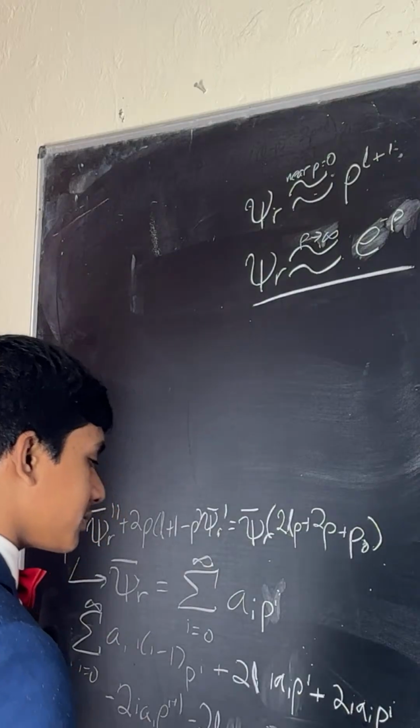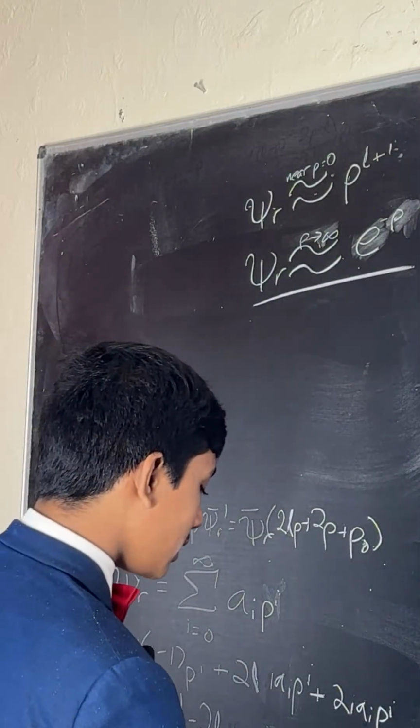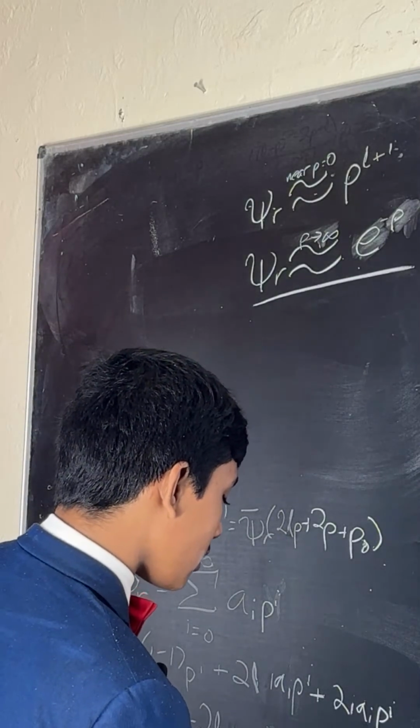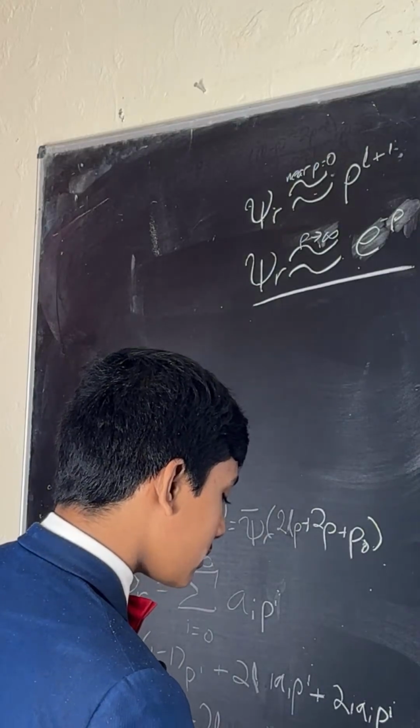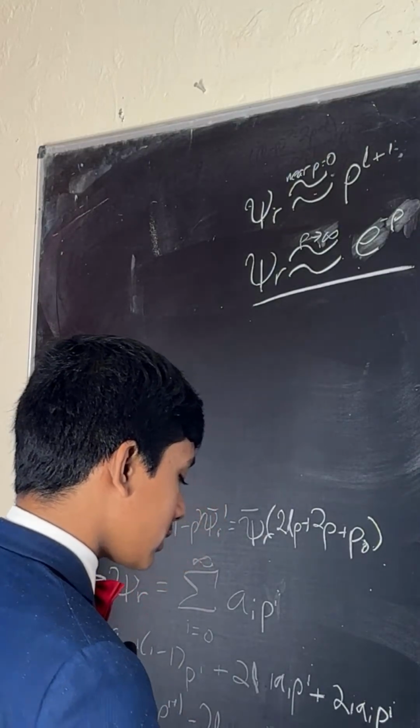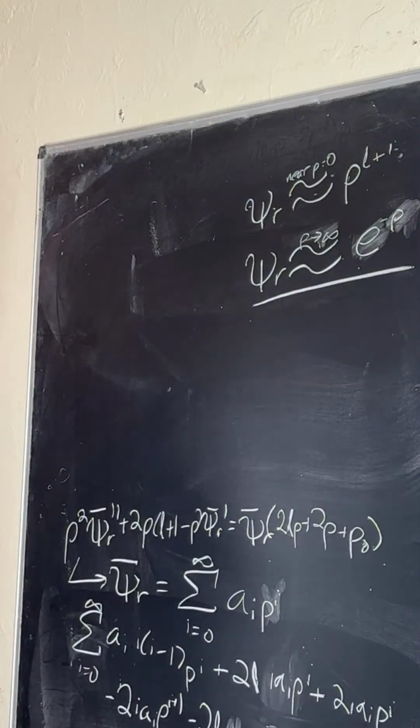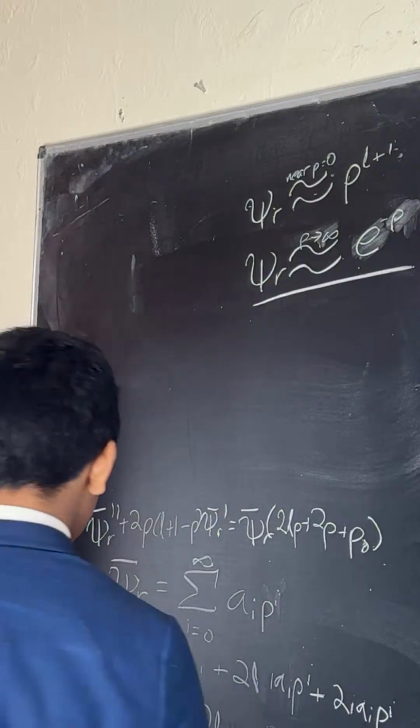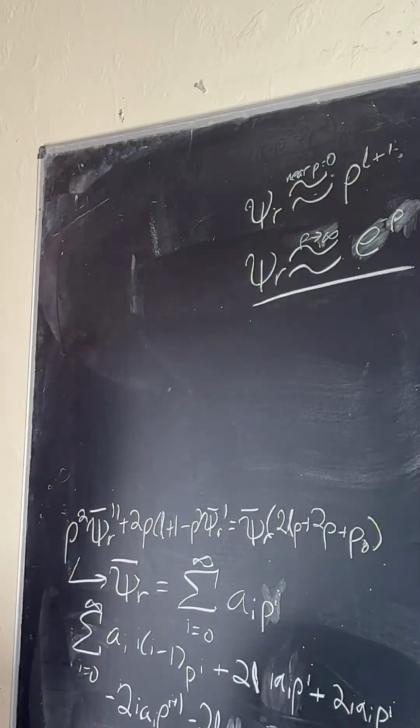I'm just trying to be as careful as possible here. Plus rho naught A I rho to the I. What have I done? So now let's group things up. So that has to be equal to 0.